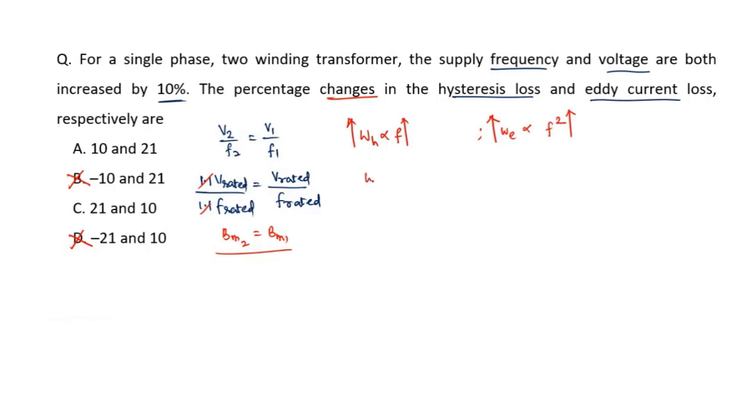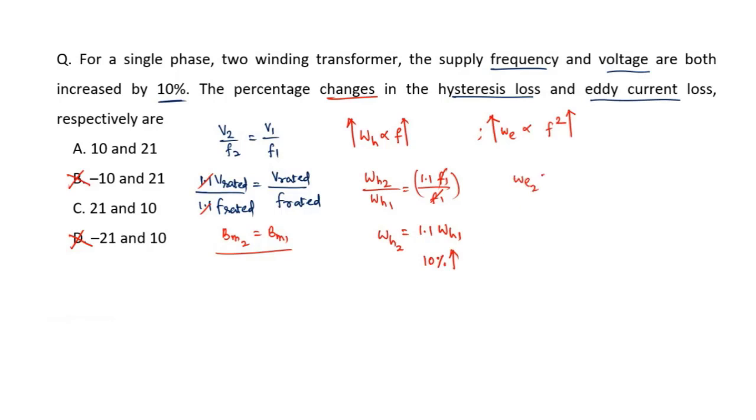Now if I take WH2 divided by WH1 equals F2, which is 1.1 times F1, divided by F1. So the hysteresis loss in the second case will be 1.1 times the hysteresis loss in the first case. That means 10% more than the first case.